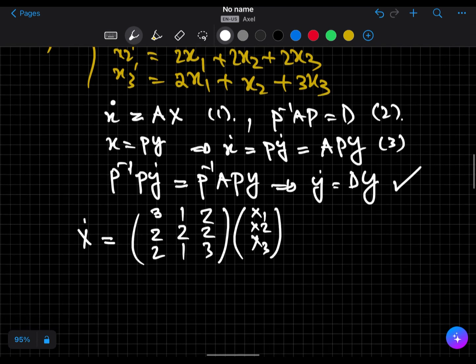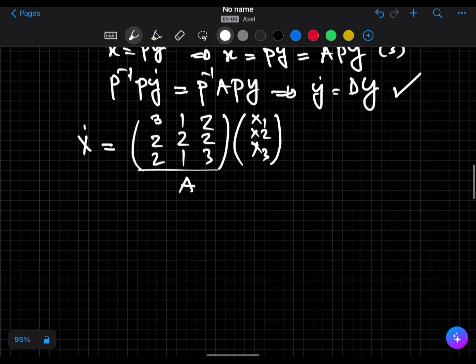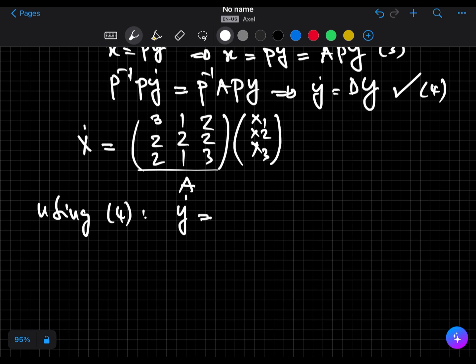I can see that this is matrix A that I already know. I have its eigenvalues and the corresponding eigenvectors, so I can have the invertible matrix P and the diagonal matrix D. Once I have this, I can use equation 4, y dot equals Dy.